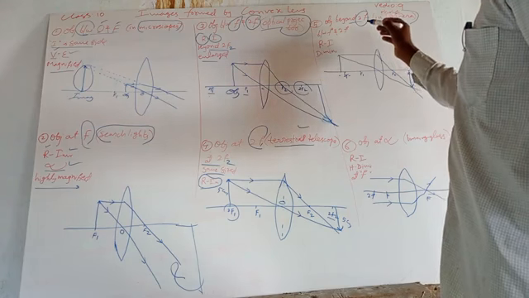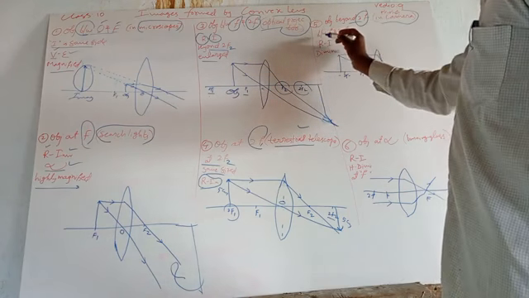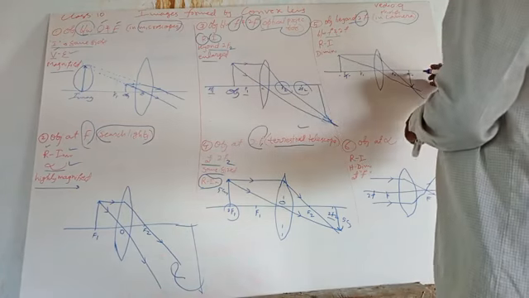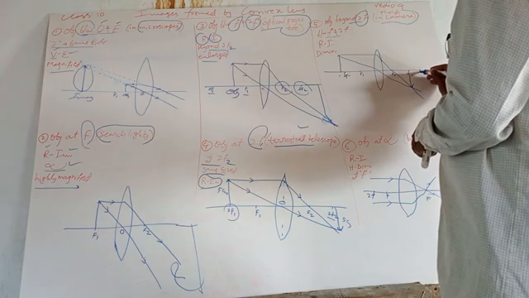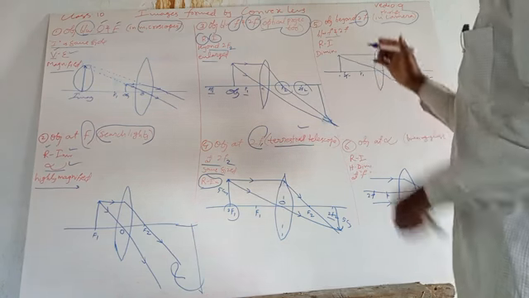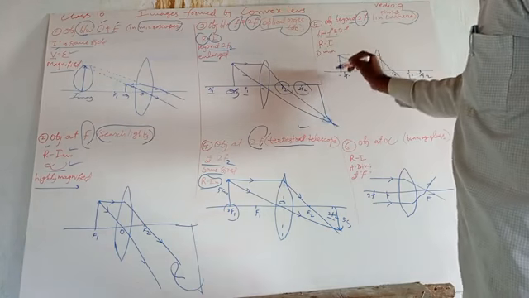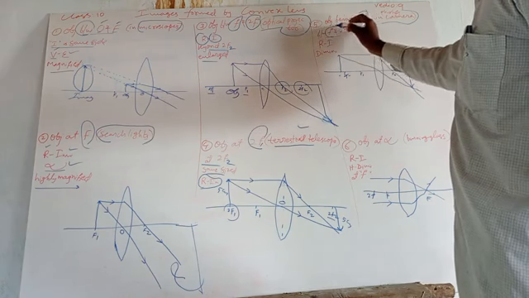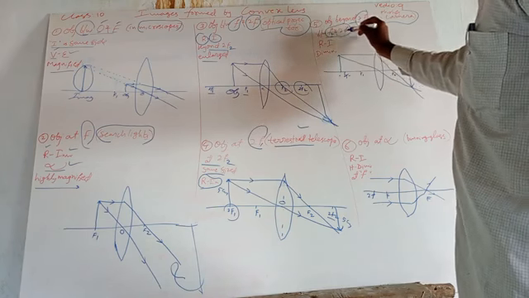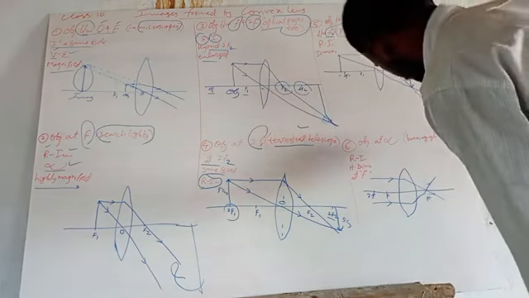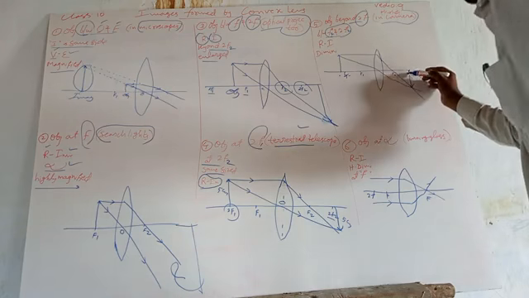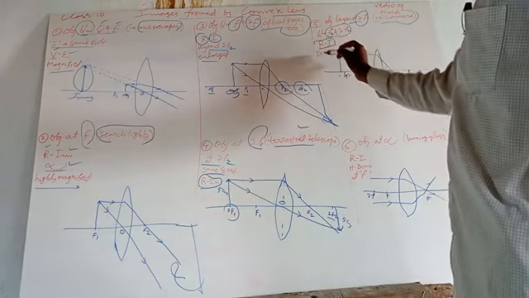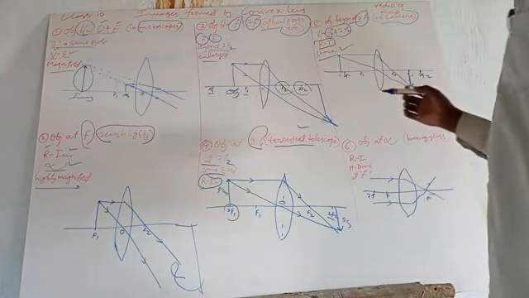When the object is beyond 2F, its image forms between F2 and 2F2. Between F2 and 2F2 the image will form here. Look here. And what type of image is that? Look here, real and inverted, and it is a diminished image.